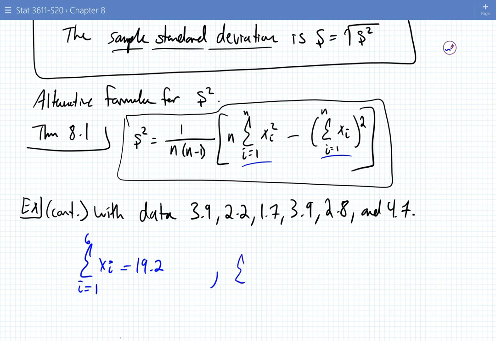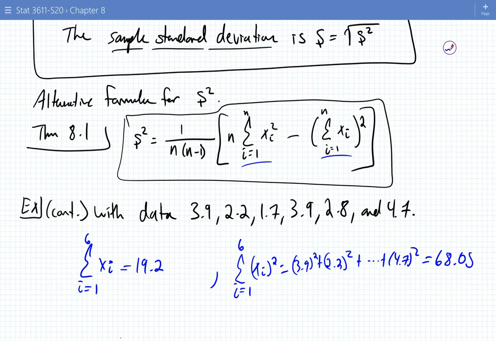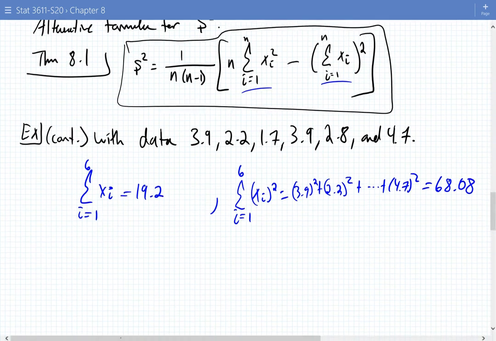So the sum as i goes from 1 to 6 of each of the xi squared, we need to go through our calculator and do 3.9 squared plus 2.2 squared, yada, yada, yada, plus 4.7 squared, and add everything together there, we should get 68.08.